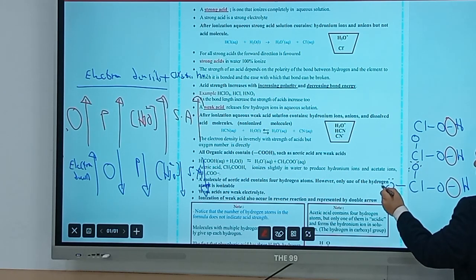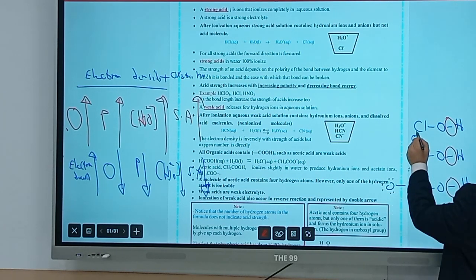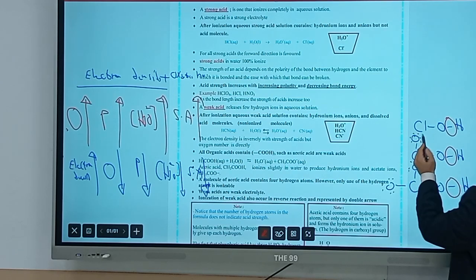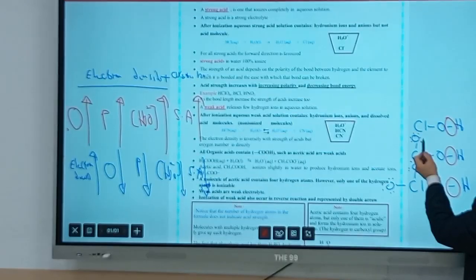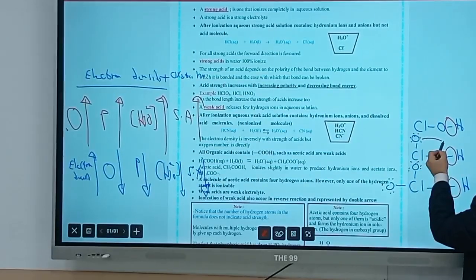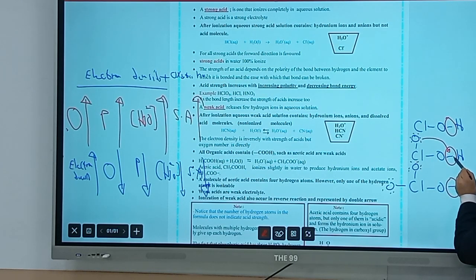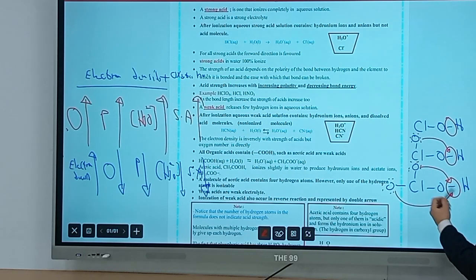As you know, the oxygens, they have electrons, free electrons, unshared electrons. These unshared electrons can somehow repel the density of the electrons in the bond. Here we have got two atoms of oxygen around the chlorine.